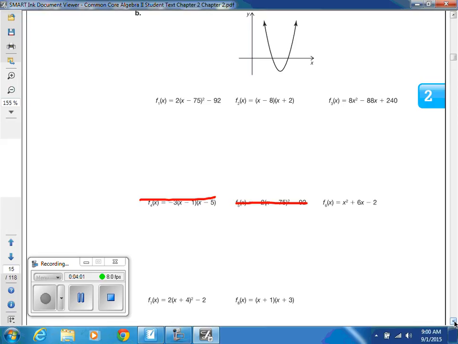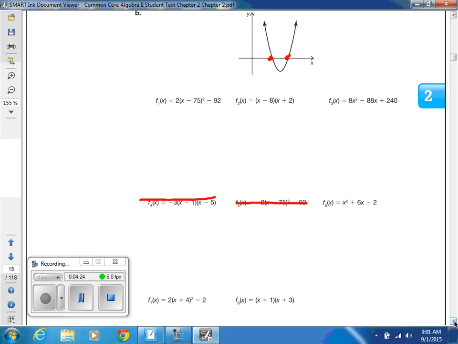What do we know about the x-intercepts? They're both positive, right? It crosses here and here. So the x-intercepts are both positive. Right?